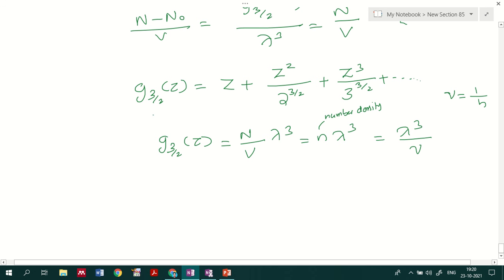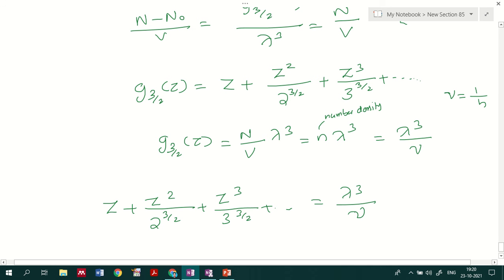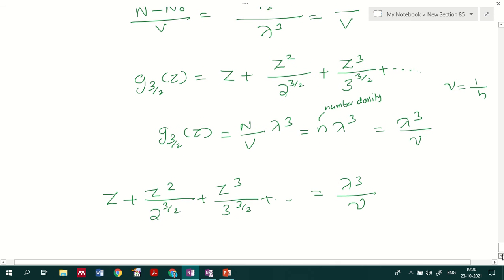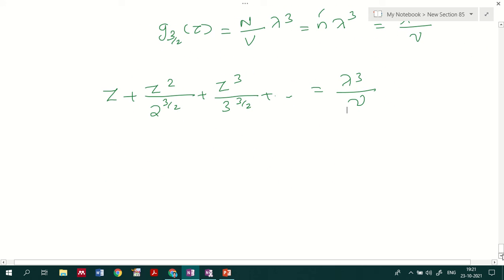Now you can just compare these two equations. While comparing, both are equal to Z plus Z square divided by 2 raised to 3 by 2, plus Z cube divided by 3 raised to 3 by 2, plus etcetera, which is equal to lambda cube by nu. Here nu is 1 by the number density.